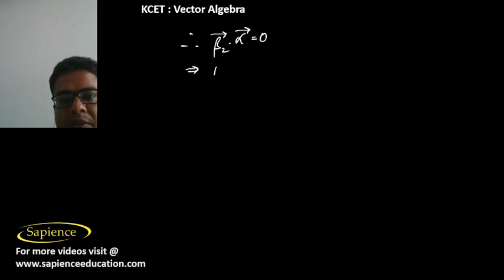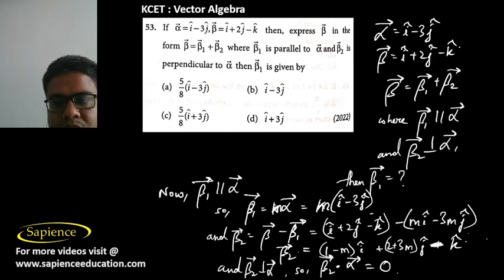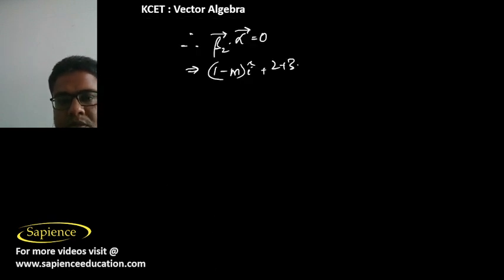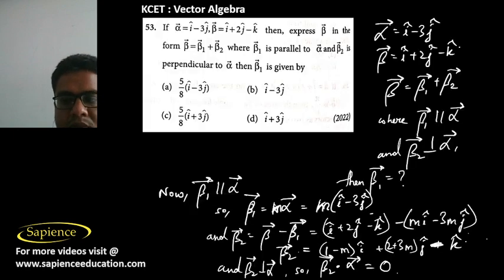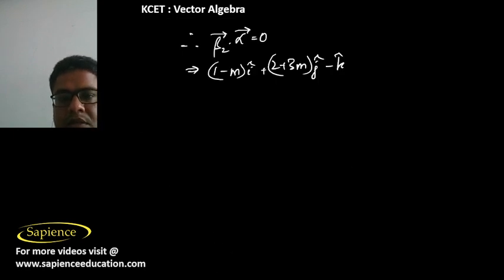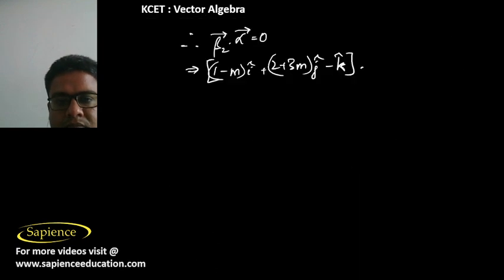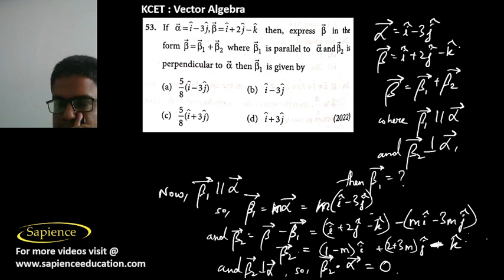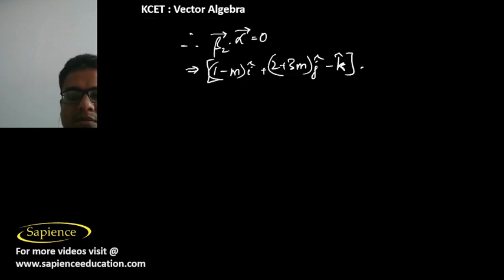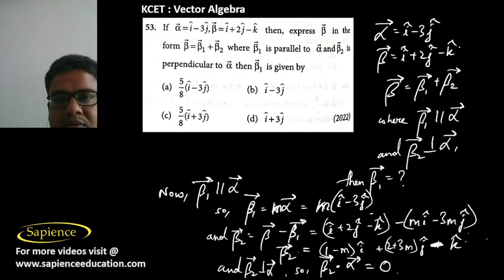It means beta 2 vector, which is 1 minus m I cap plus 2 plus 3m j cap minus k cap, dot alpha, which is I cap minus 3j cap, is equal to 0.